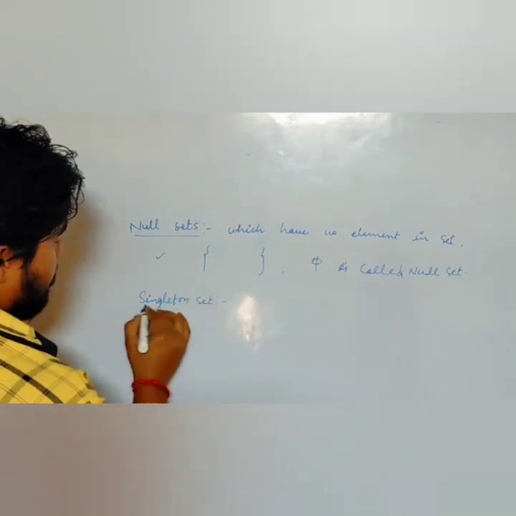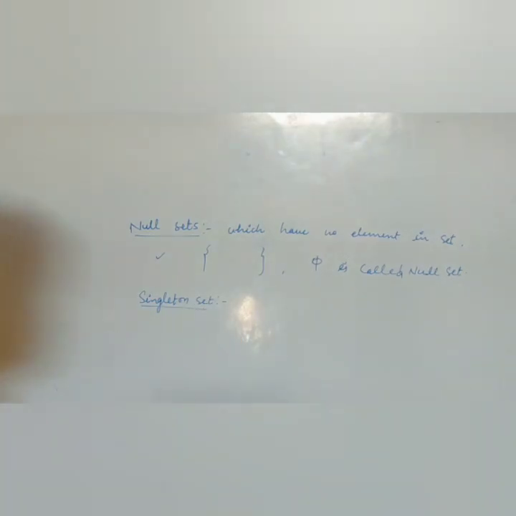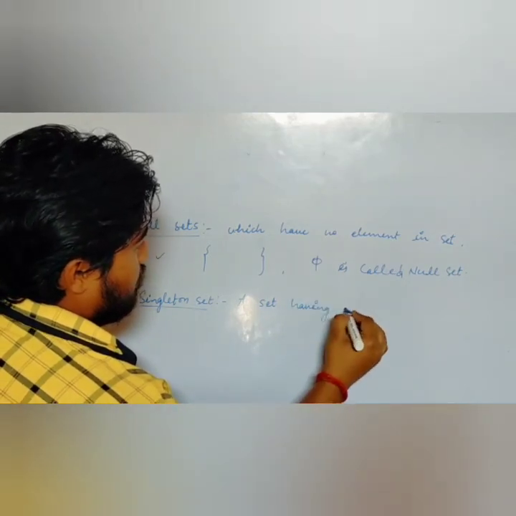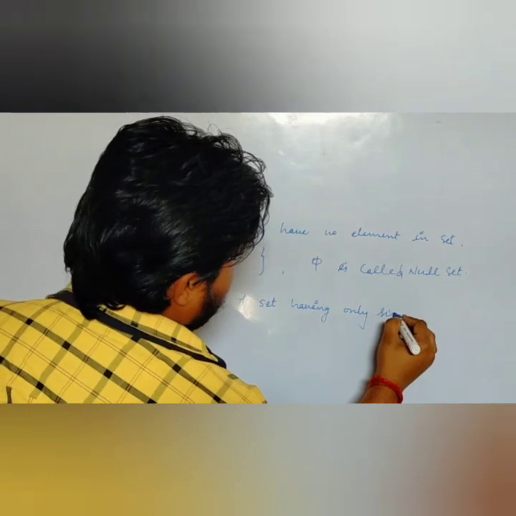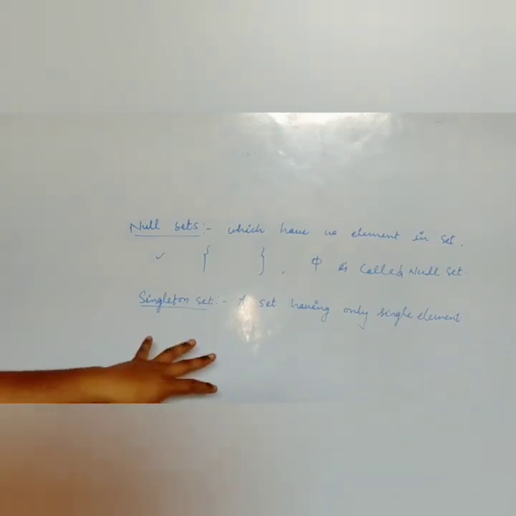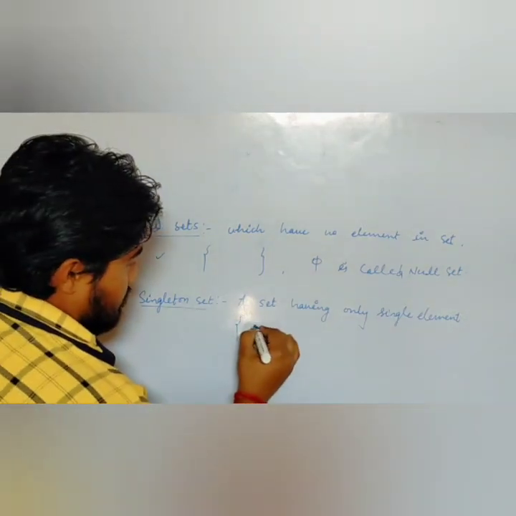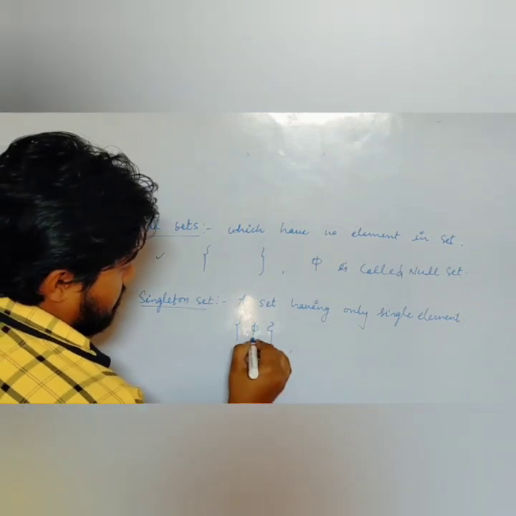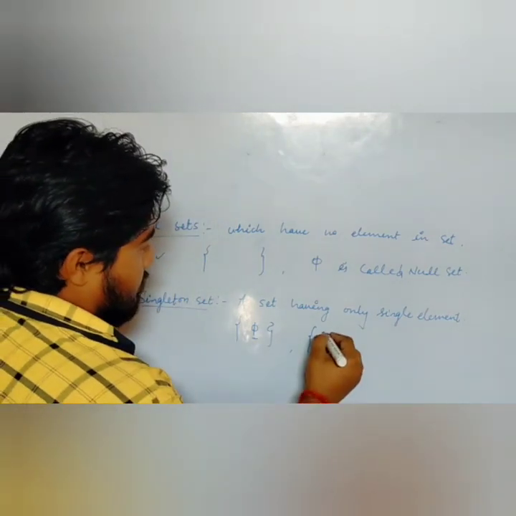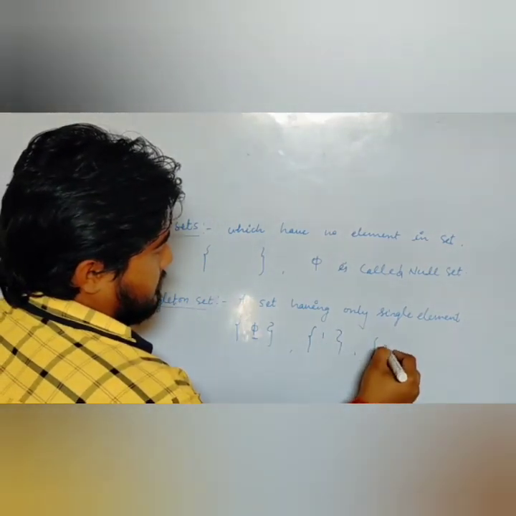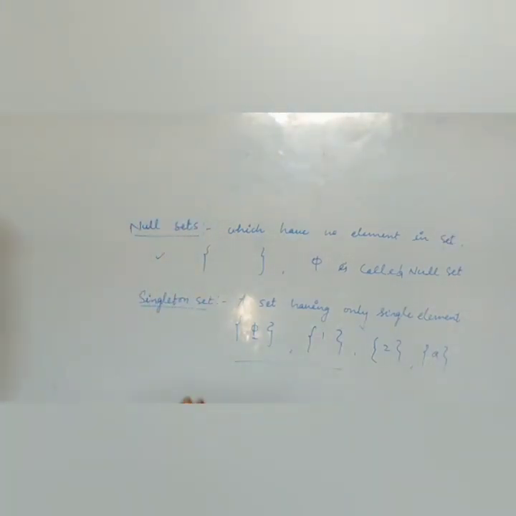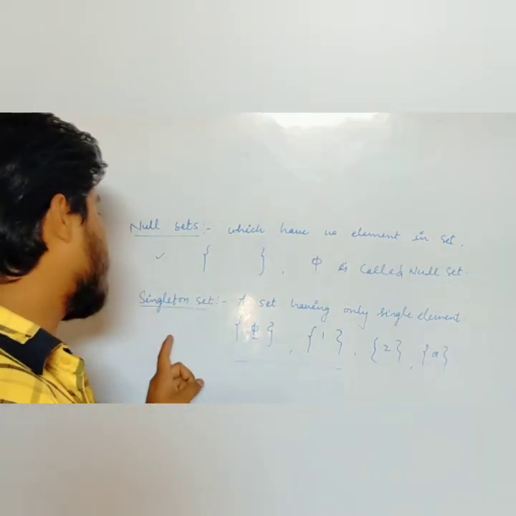A singleton set is a set having only a single element. This is a single element in this case, and this type of set has a single element. So a set having a single element is called a singleton set.